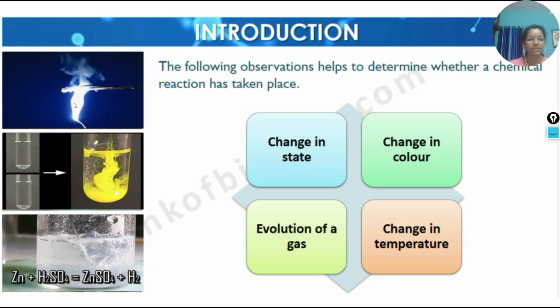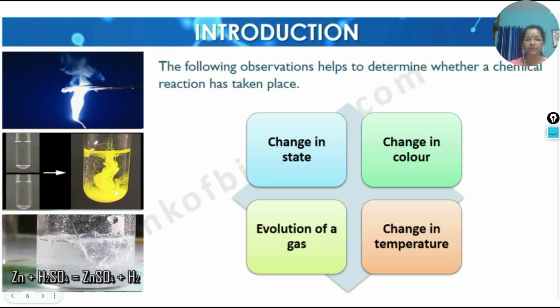In the reaction between zinc and sulfuric acid, if you touch the surface of the beaker, we can feel the heat produced. There is evolution of heat also taking place in this reaction, so that means there is a change in temperature.